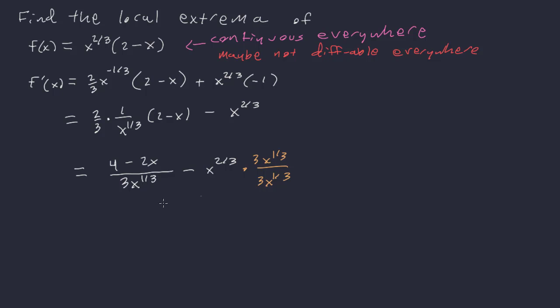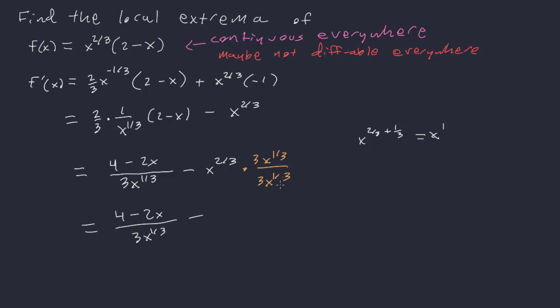Now this might be looking kind of gross, but we're going to see some simplification here. So we're going to get 4 minus 2x all over 3x to the 1/3, and minus, here up top, x to the 2/3 times x to the 1/3. Well, that's going to be x to the 2/3 plus 1/3, which would be x to the 1.